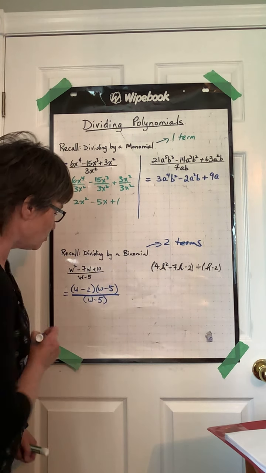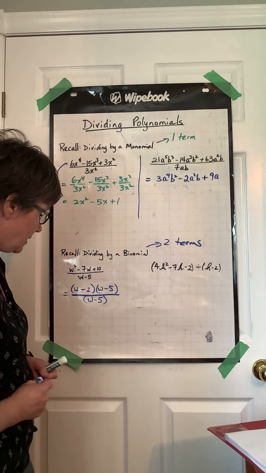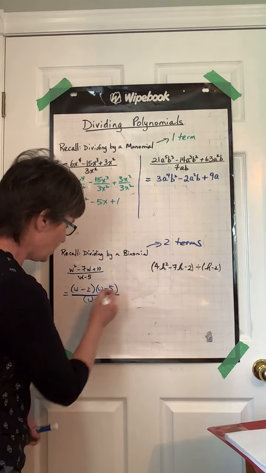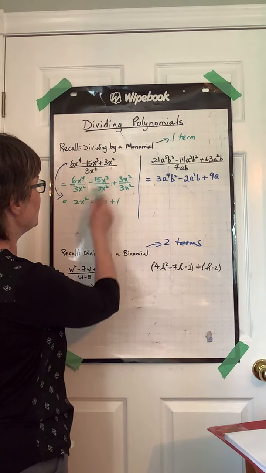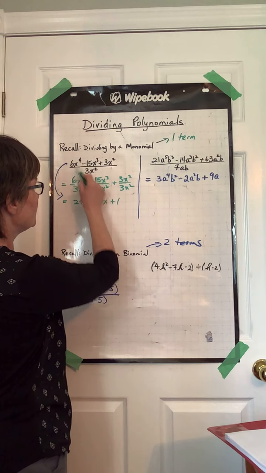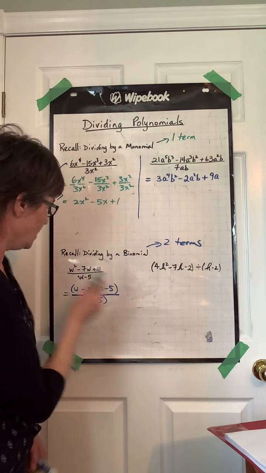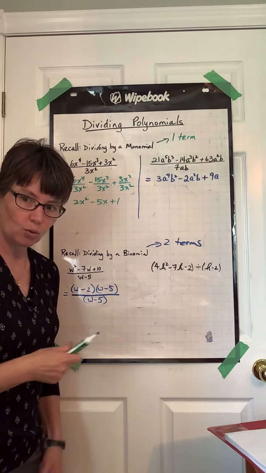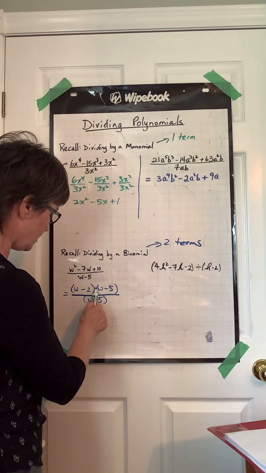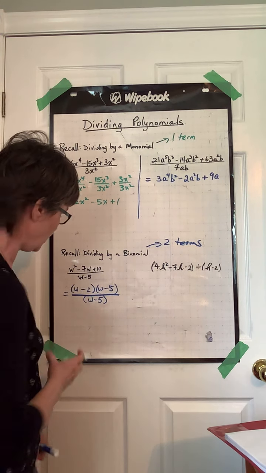Now if we put this in brackets, it looks exactly like this one up here. Okay, so when we divide, just like when we divided up here with monomials, each of this divides into each of these. Well, this total part here, this numerator, is all one big term because it's multiplication in between there.